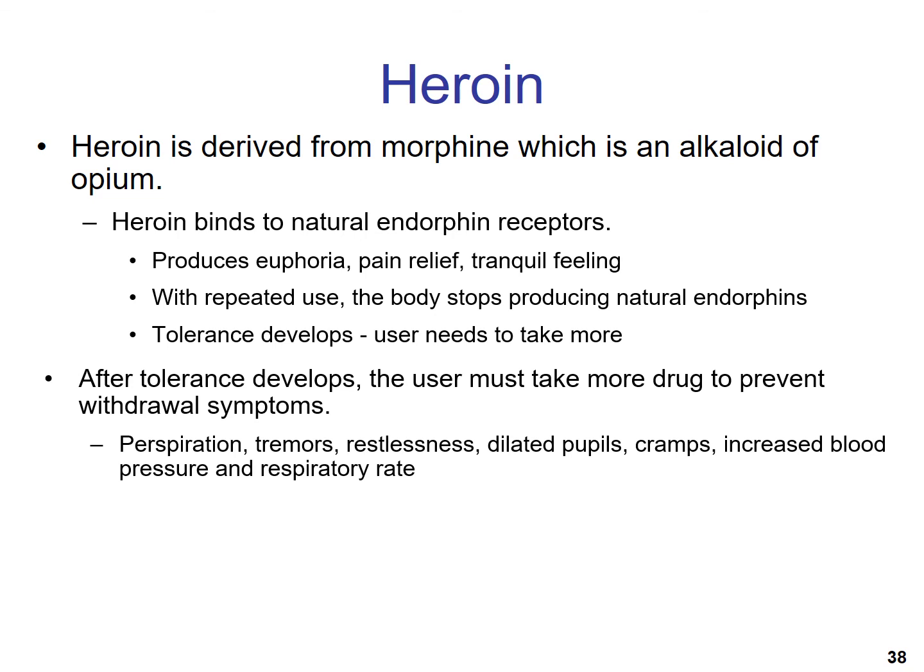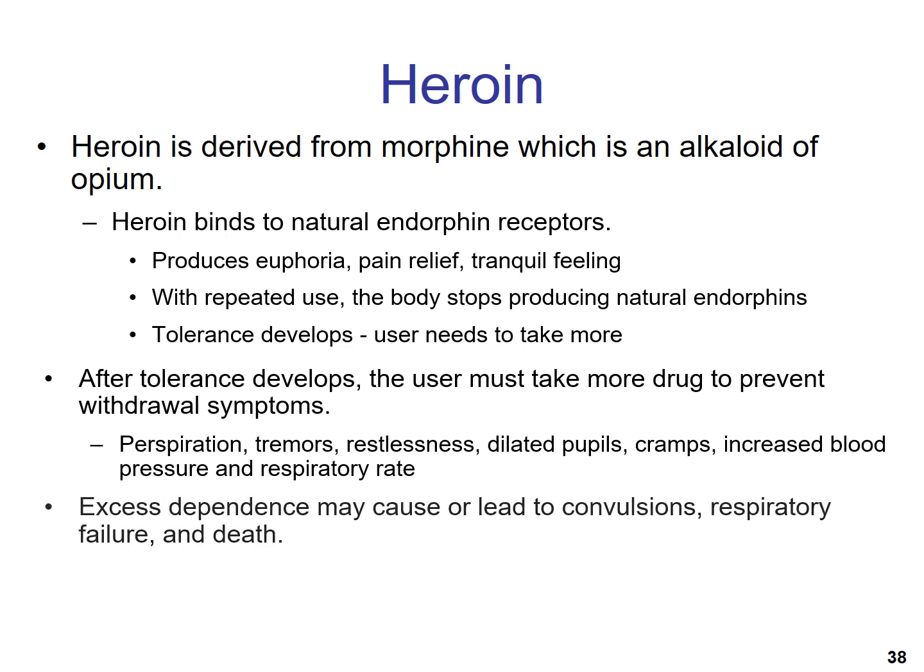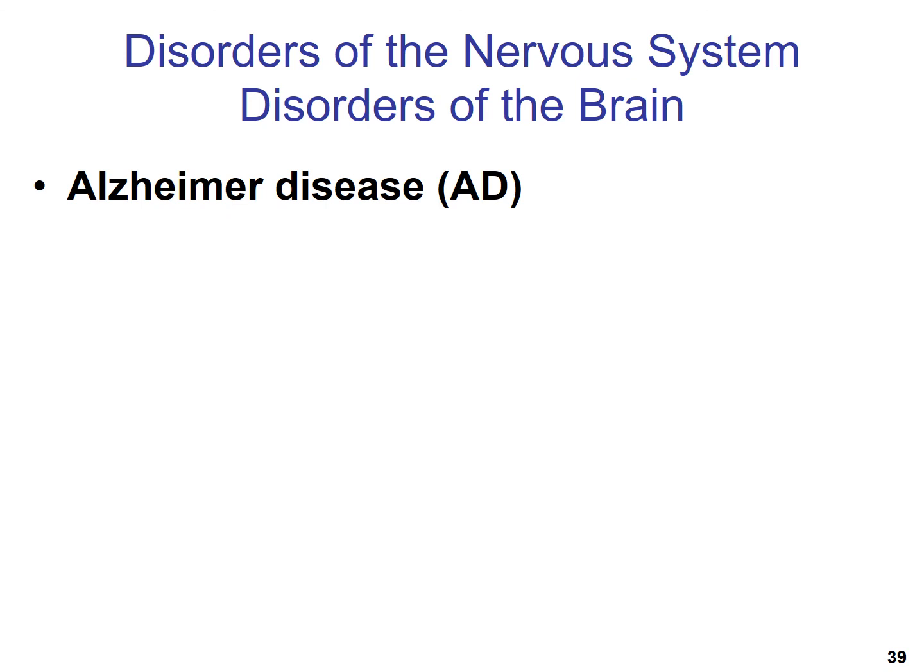It just took some of the pain away. But when I had to come off of it, then I got all of these withdrawal symptoms. Even though it was stepped down over a period of weeks, it still can be a pretty rough thing to go through. So if you have an excess dependence, it can lead to convulsions, respiratory failure, and death.